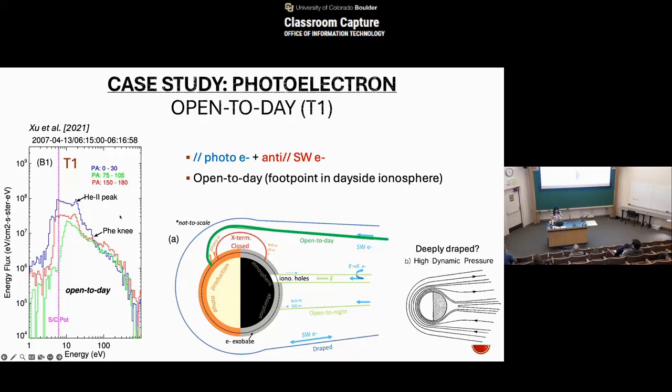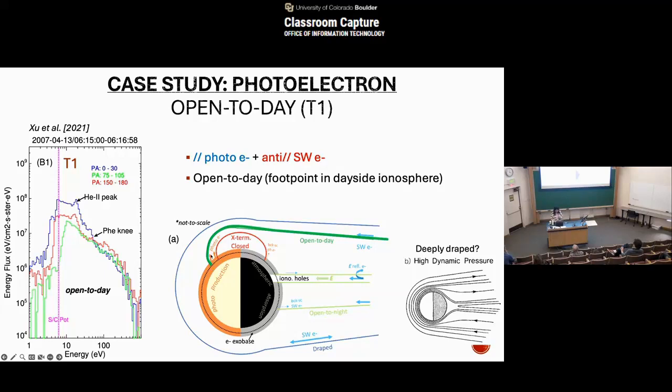We see the similar feature we saw many slides ago, the peak and then the knee here. So that's a very solid observation of photoelectrons. In the anti-parallel direction, we don't see this kind of feature. So this is a solar wind electron. As in the case of Mars, this normally means we have a field line connected to the day-side ionosphere.